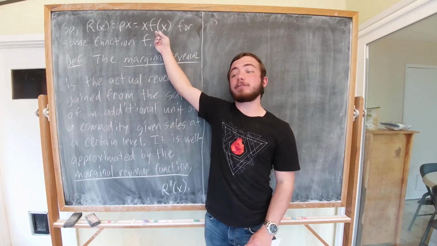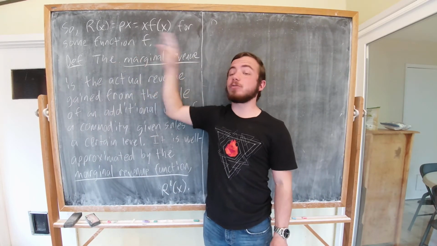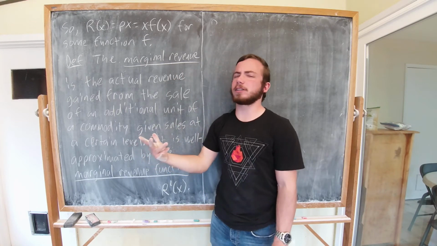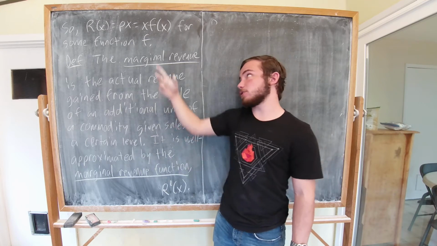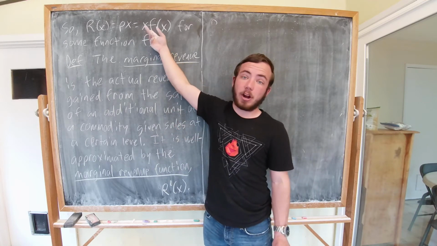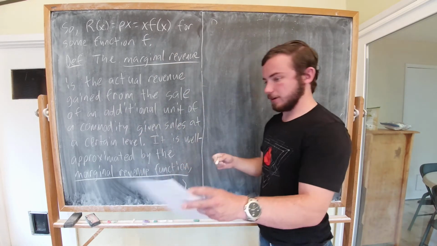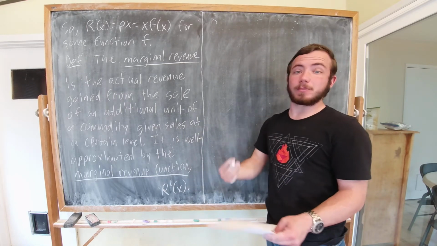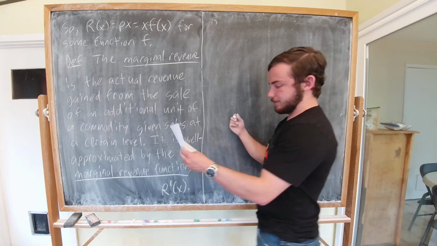Well, once you know how your price relates to the amount of your product that you've sold, then you can take the derivative of this, apply the product rule, and it follows pretty naturally. But what businesses care about the absolute most is their bottom line, their profit.